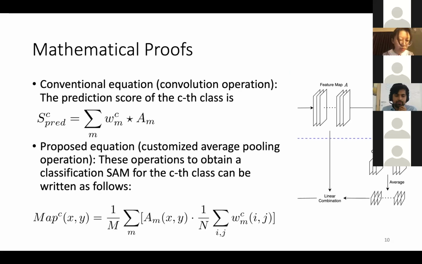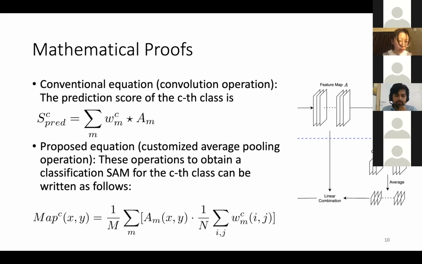Then we will go over the proposed equation, which is a customized average pooling operation. Corresponding to the process of the right picture zoomed in from our structure overview, A_M and W_MC have the same meaning as previously, and W_MC_IJ represents the convolutional kernel weights, which are coefficients at location IJ. M is the total number of channels of feature maps. N is the total number of pixels in the kernel, and the dot is the dot product.